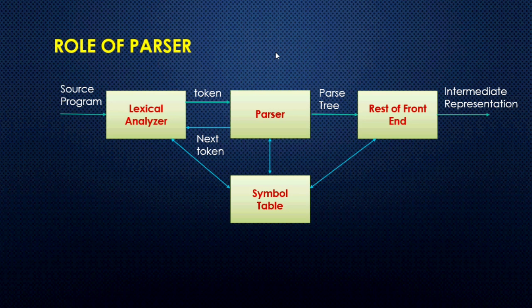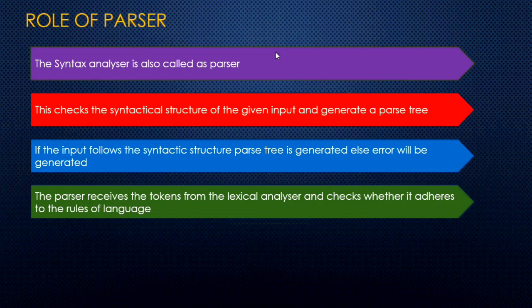The parser, the lexical analyzer, and the rest of the phases of the compiler have a close association with the symbol table for referring to identifiers and constants. The role of the parser is to scan the program from left to right and ensure that the tokens are generated according to the rules of the language.